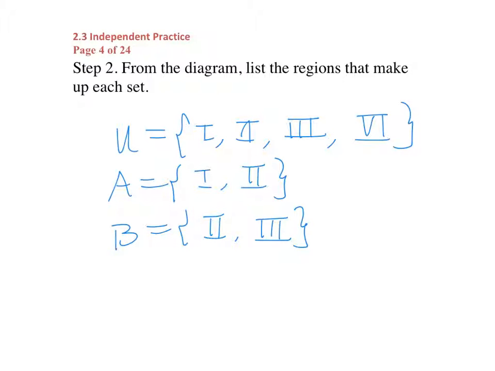Yes, that is correct, but also remember all the elements in 2 are in both A and B. So when we talk about set A, the elements in region 2 need to be counted as well. Otherwise, you're not counting the full circle if you look back at your Venn diagram.